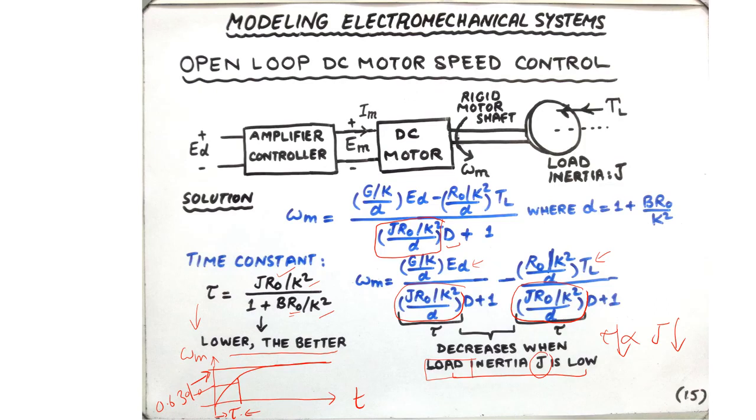It appears in both the numerator and the denominator. So that tells you the complication behind reducing the time constant of the motor, because a lot of the parameters which we wish to tweak appear both in the numerator and the denominator.